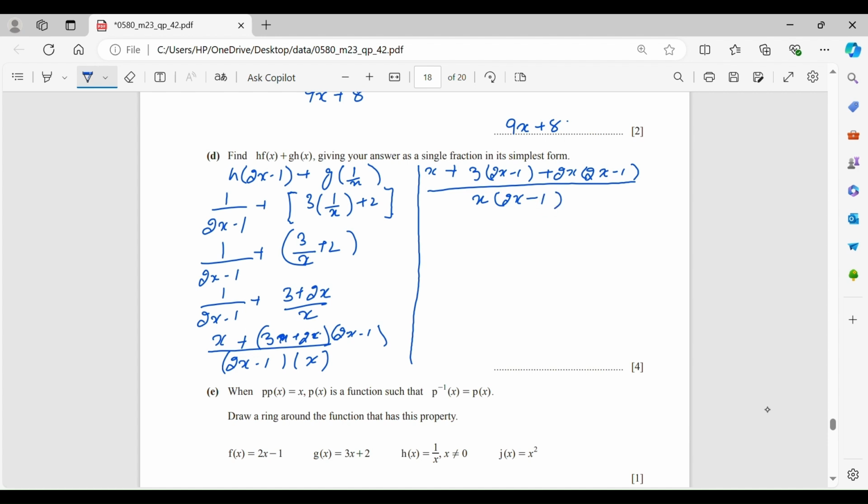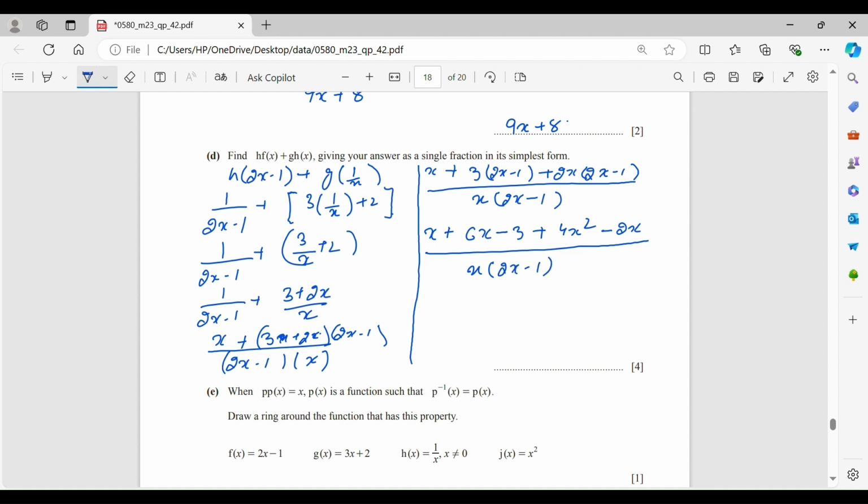Now x plus 6x minus 3 plus 4x square minus 2x, right, over x bracket 2x minus 1, right?